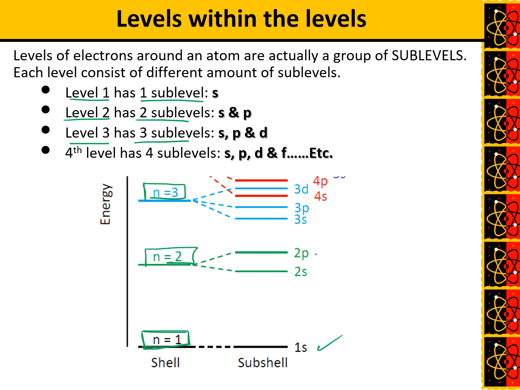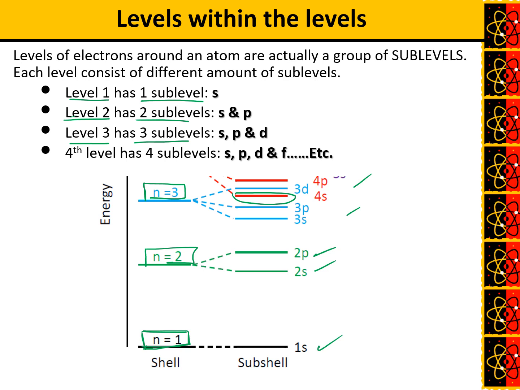Layer number 2 is going to have two sublevels. But as I go up, the sublevels are getting closer and closer, and some of them are going to be overlapping. It's like they are getting mixed. Okay, so it's going to be kind of a mess.